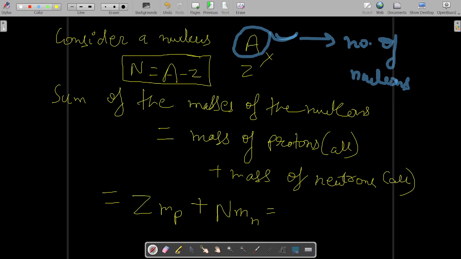So capital N into small mn will be your mass of all neutrons. So this will turn out to be something like this.